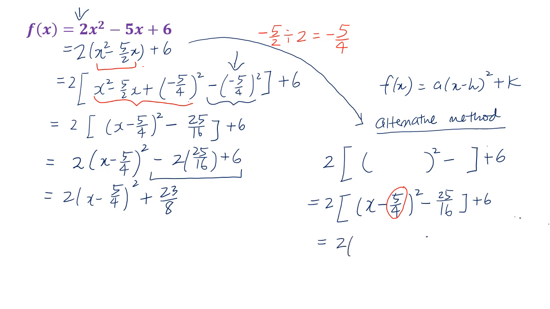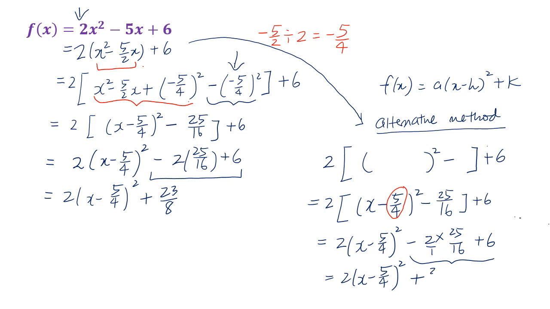Okay, so we can also do it this way. And if you use a calculator to work this out, you will end up getting 23 over 8, which is the same answer as what I did earlier using the method that is explained in most of the textbooks.